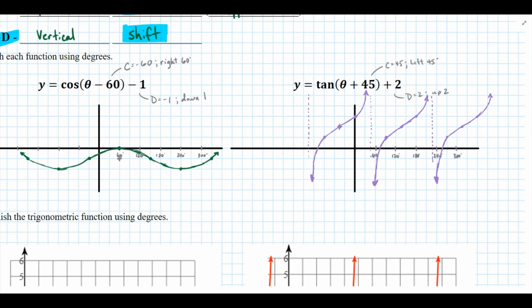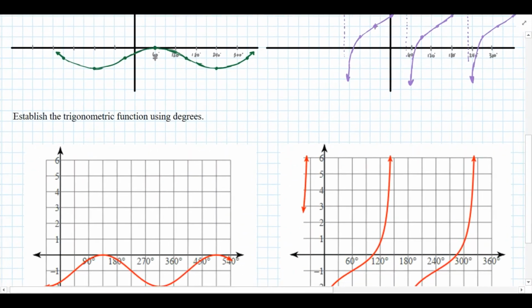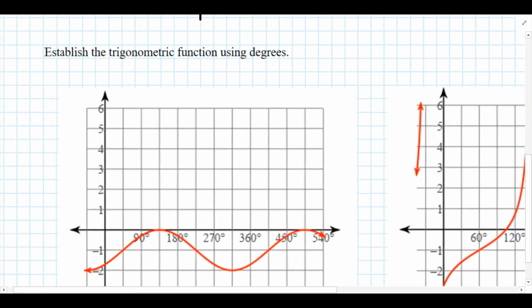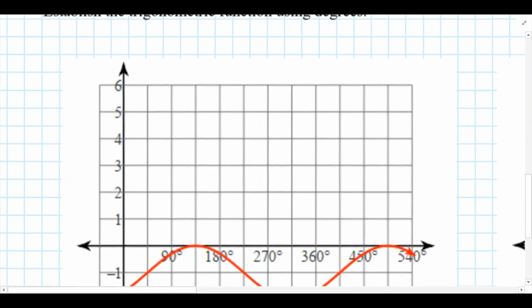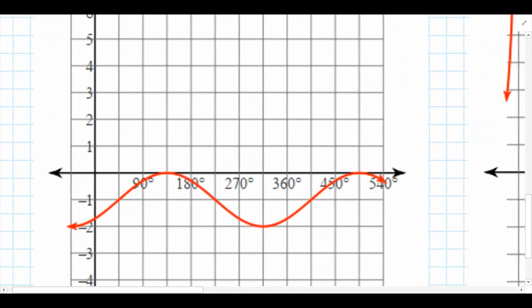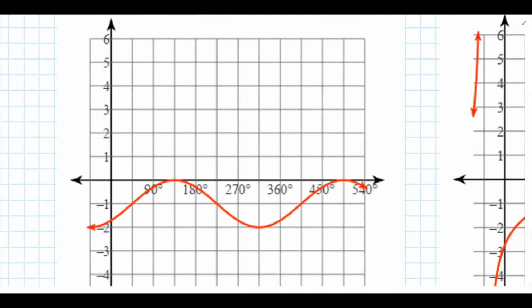In the last two examples, I would like to establish the trigonometric functions. In the example on the left, we have a wave function that could be either sine or cosine.